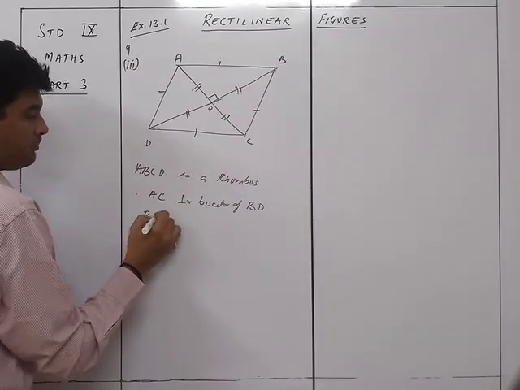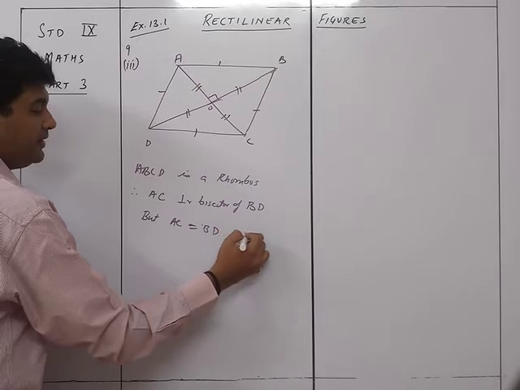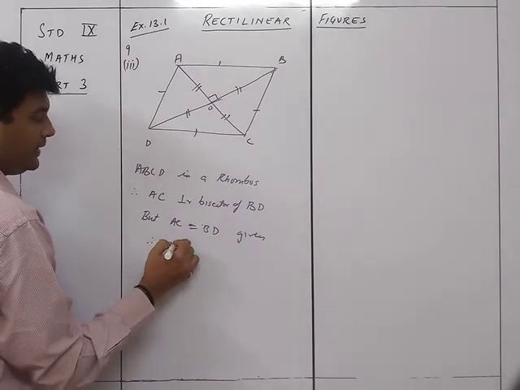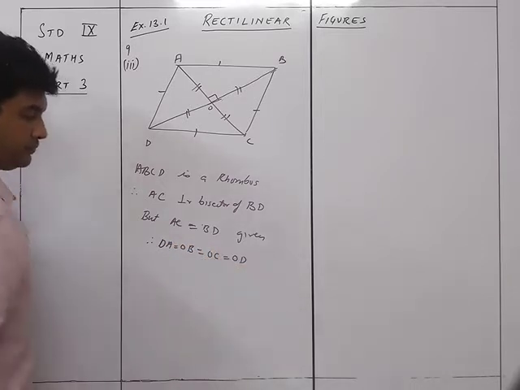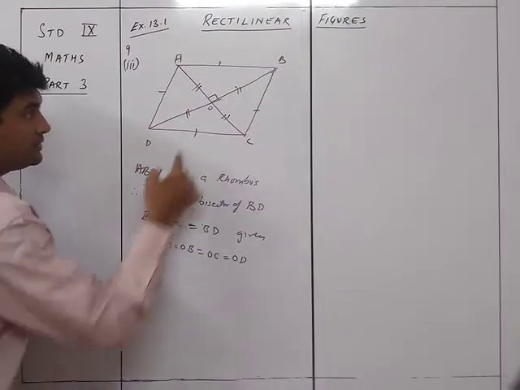But AC is equal to BD, given. Therefore, OA is equal to OB is equal to OC is equal to OD. I also know that this is 90 degrees.